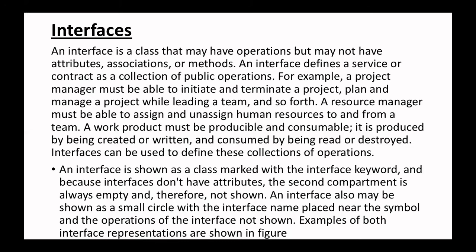When we are designing an implementation class, we show the keyword implementation class. In the same manner, when we design an interface, we use the keyword interface, and because interfaces do not have attributes, the second compartment is always empty and therefore not shown.